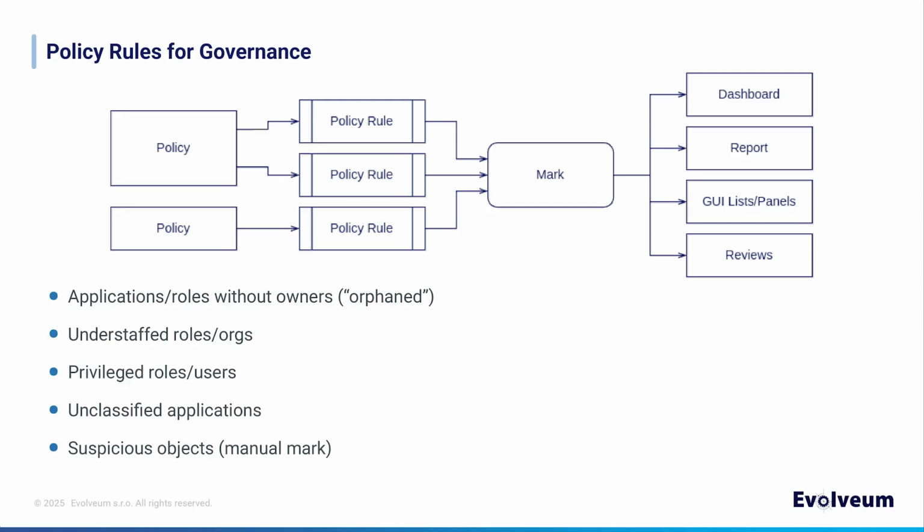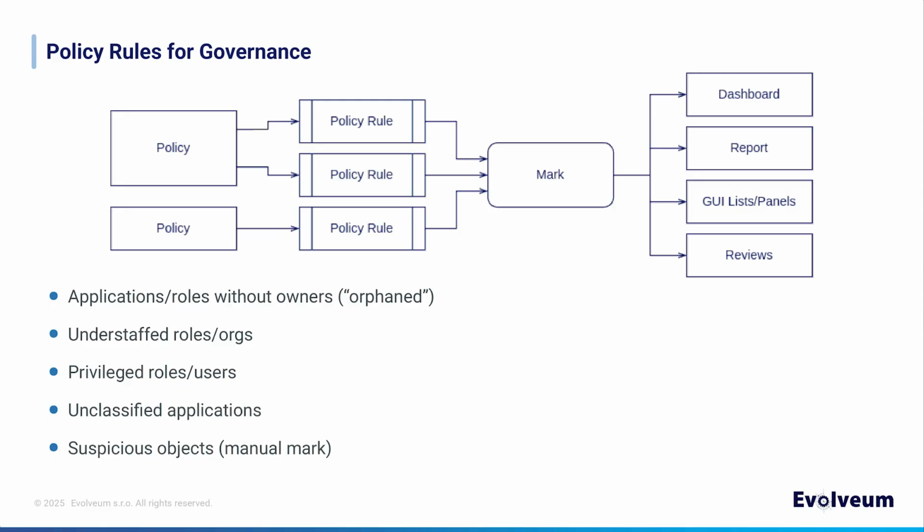These policy objects contain individual policy rules. And the individual policy rules check for specific technical aspects in MidPoint. For example, they can check that some type of object has at least one owner. They can also check for attributes and state changes and so on. So there may be quite a complex set of policy rules to implement one business policy.